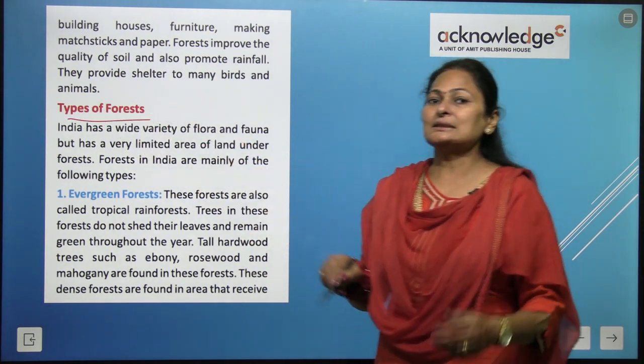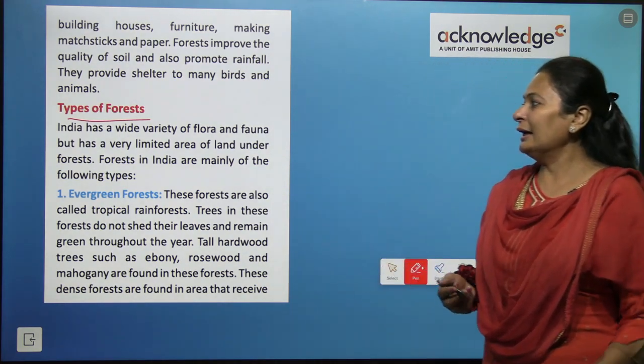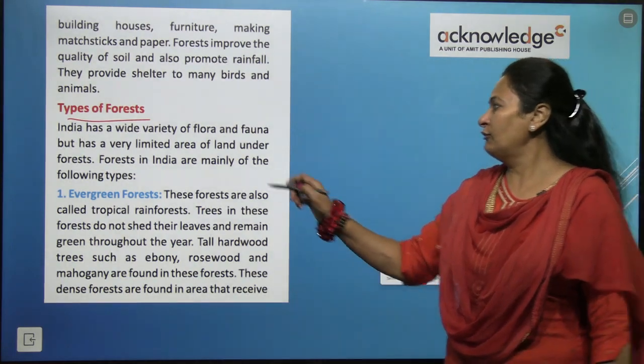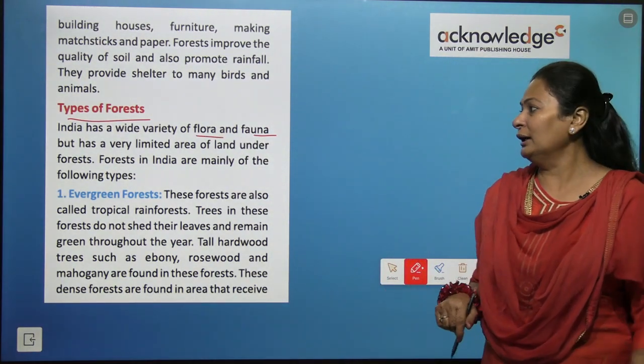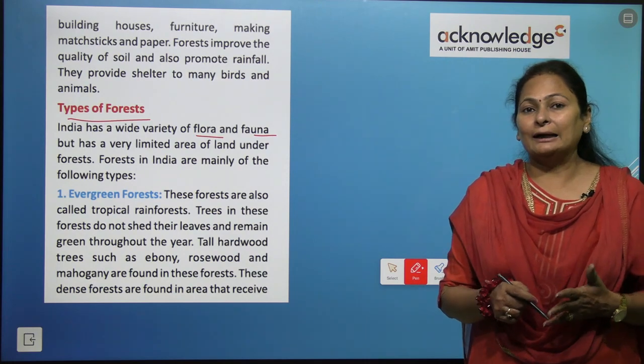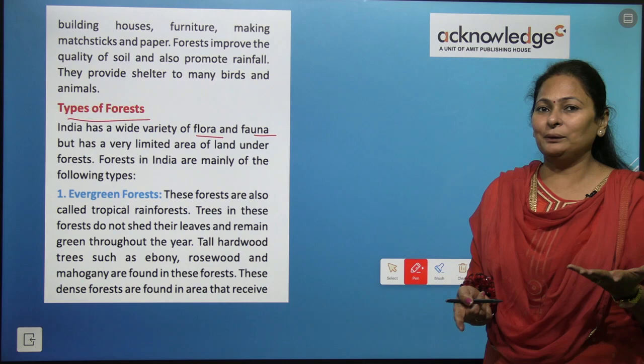Now we will discuss the types of forest. India has a wide variety of flora and fauna. Now what are flora and fauna? Flora means plant life and fauna means animal life.